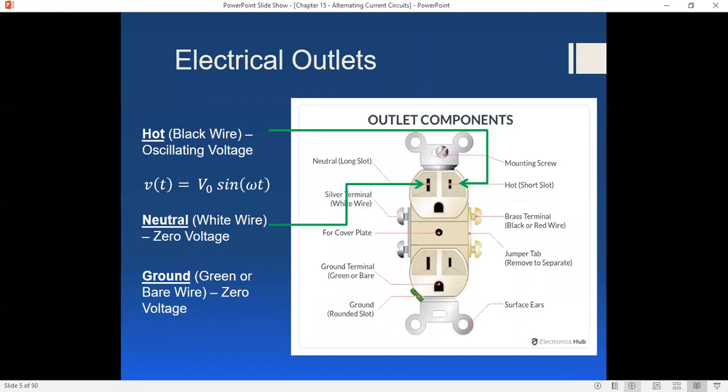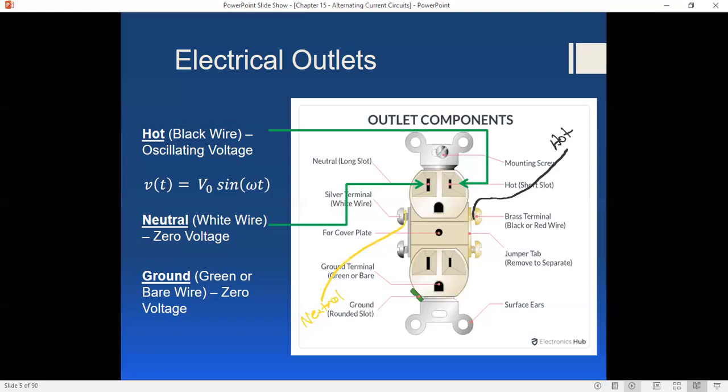The way that this is wired is that I have my hot wire attached to usually a brass colored connector. And then I have, I can't put white on white, but I have my white wire going into the outlet, which is your neutral. There's usually a third wire also.